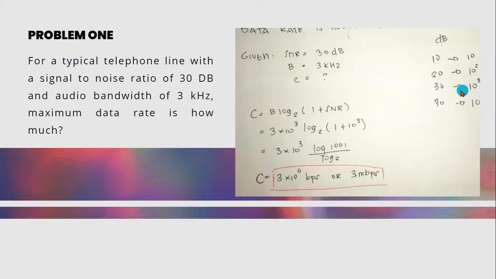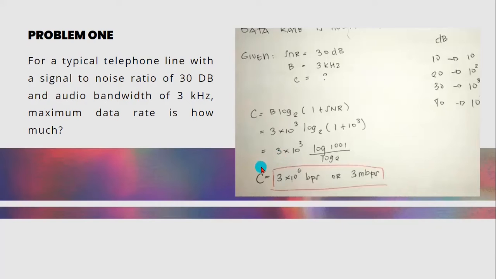You can directly substitute into our formula, which is 3 times 10 to the 3, because it's kilohertz, log base 2 of 1 plus 10 to the 3. If we calculate 1 plus 10 to the 3, it will give us 1001.